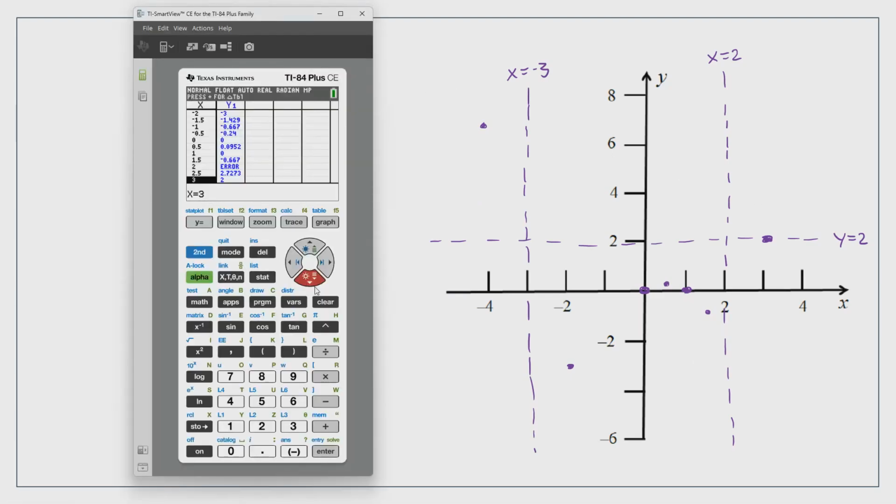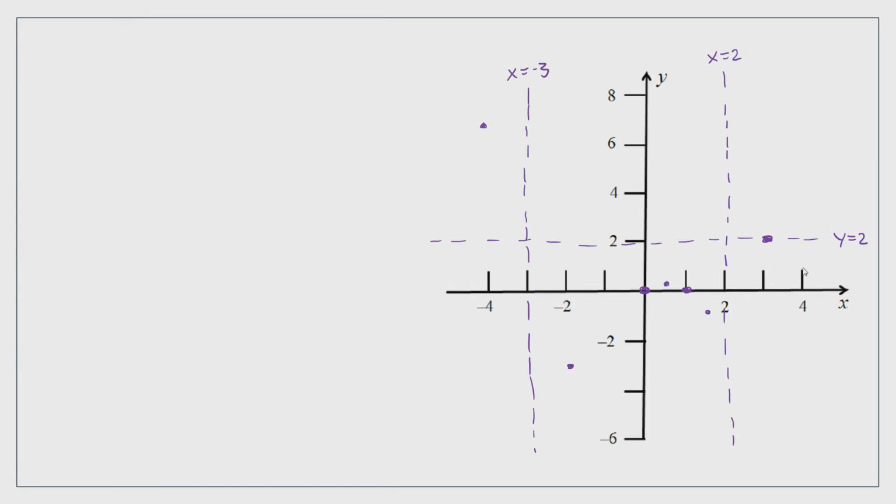All right, so we want a 4. Let's go see what that is. So 1.7, all right, for 4. So 1.7 would be somewhere around here. Okay.